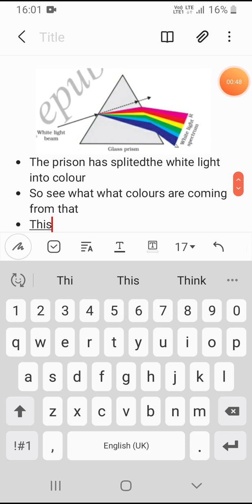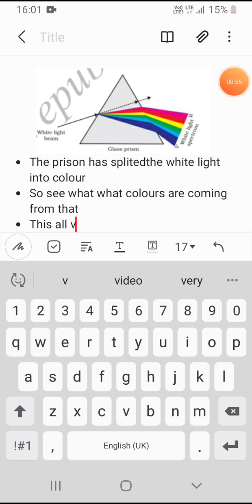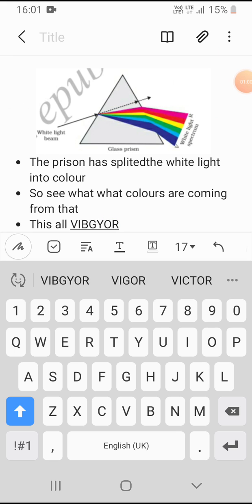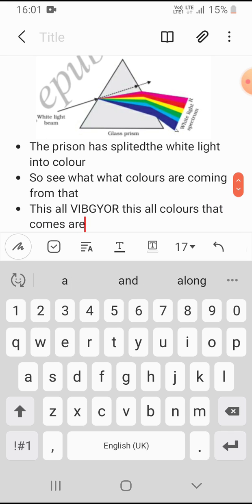So all these components of color, the violet, blue, green, yellow, orange, red, all these colors that come are called the spectrum.